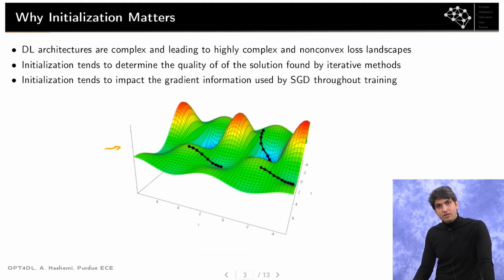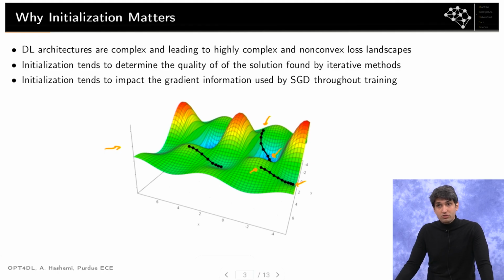So given this, it really matters where you start your optimization. Again, if I, let's say, start here, I'm going to find a suboptimal solution. Whereas if I start here, I may actually find a better solution.